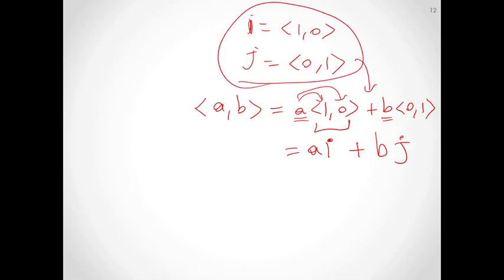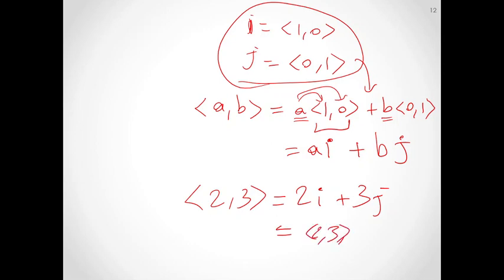So here is the situation. Instead of writing a vector like (2, 3), you can write 2i plus 3j. And if I say 5i plus 0j, it means (5, 0).